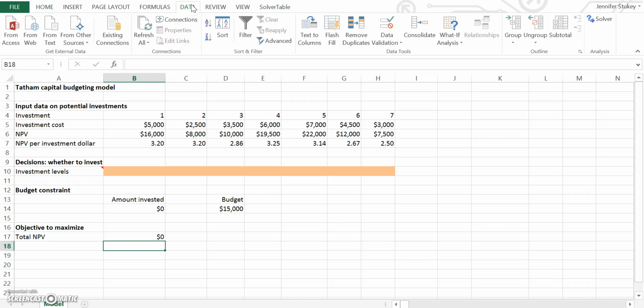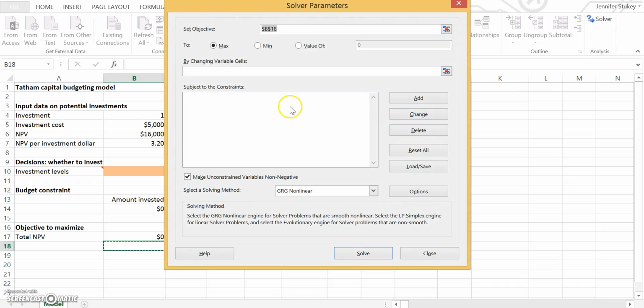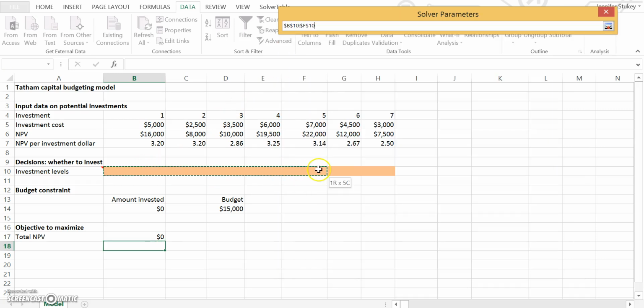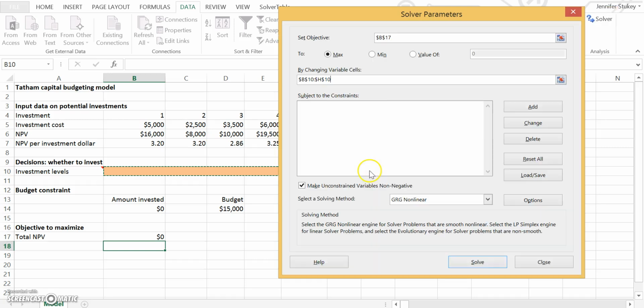So next, let's go ahead and run Solver. Go to the Data ribbon, go to Solver, and the first thing we want to do is set our objective B17 to a maximum because we want to maximize our net present value. We're going to do that by changing the investment level cells, subject to constraints.